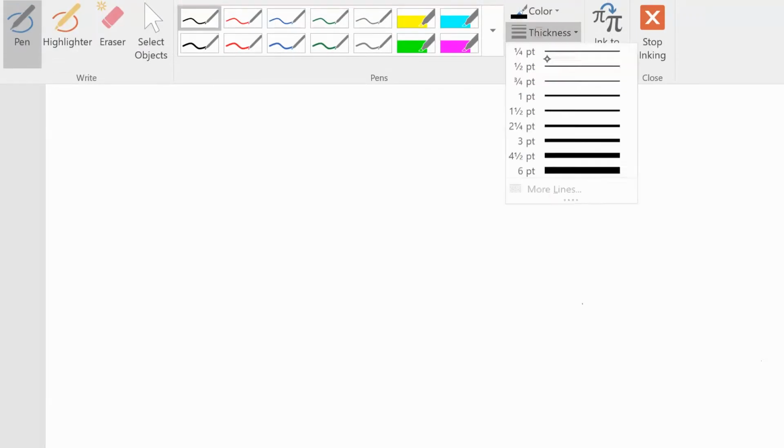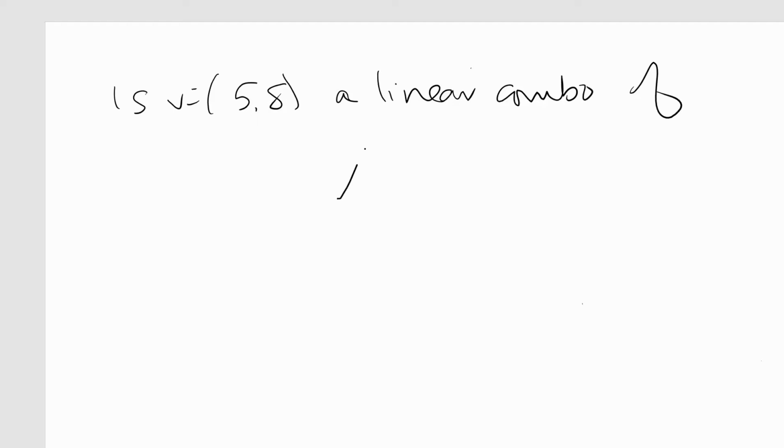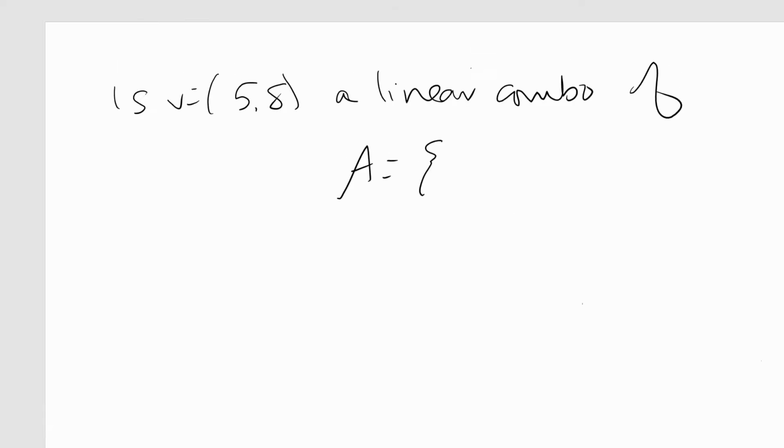So number 1. I want to know, is the vector 5, 8, which I'm going to call V, a linear combination of set A, which is the set containing the ordered pairs 1, 4 and 3, 0?